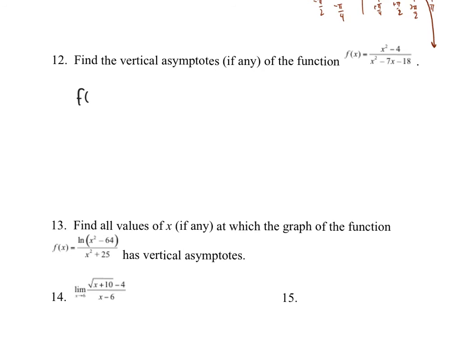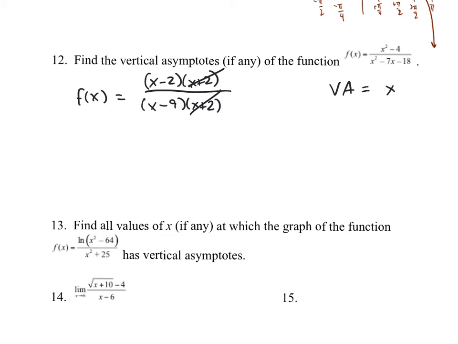If I factor the bottom and the top, I'll get x minus 2, x plus 2 on the top. And on the bottom, I'm going to get x minus 9, x plus 2. So those will cancel out. So my predicted vertical asymptote, I would say, is going to be x equal 9, because that's what makes the bottom 0. But to check it, I would just take the limit as x approaches 9.